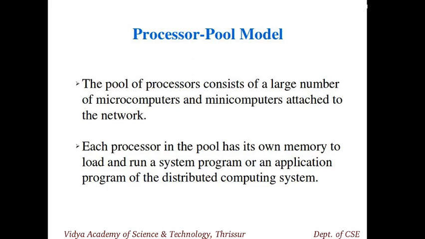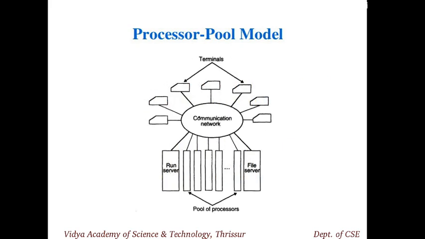So in this case, the resources will be optimally utilized. There is no wastage of any resources, because wherever there is a requirement, dynamically the processors, or the computing power, or the resources are allocated. This is the model. So many servers are there. The users connect to servers.